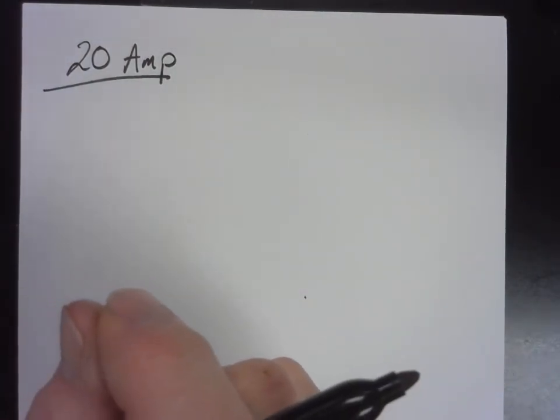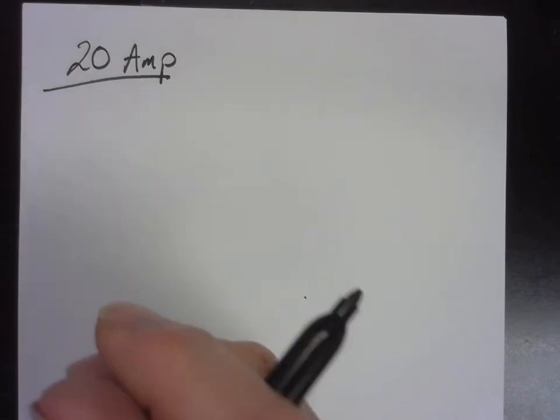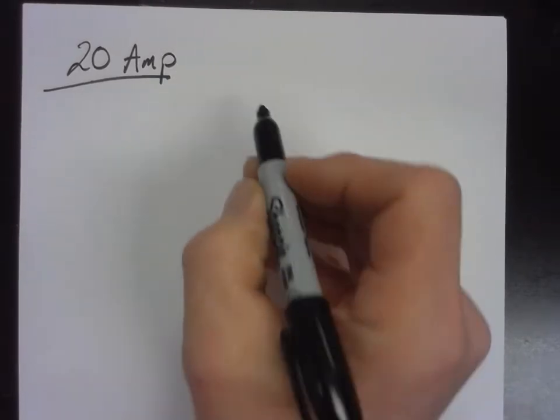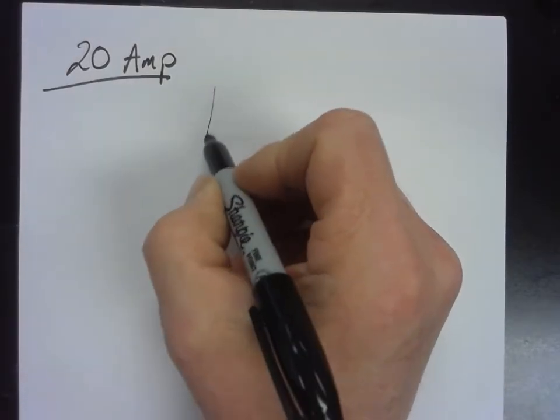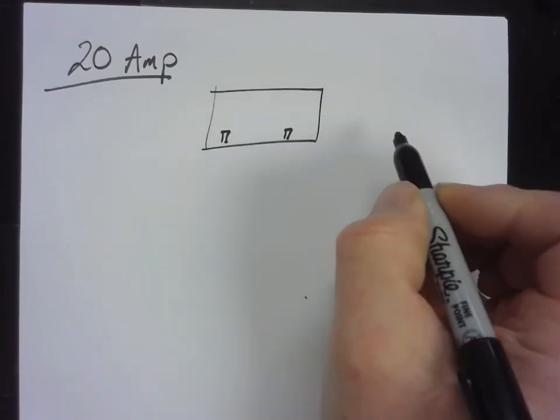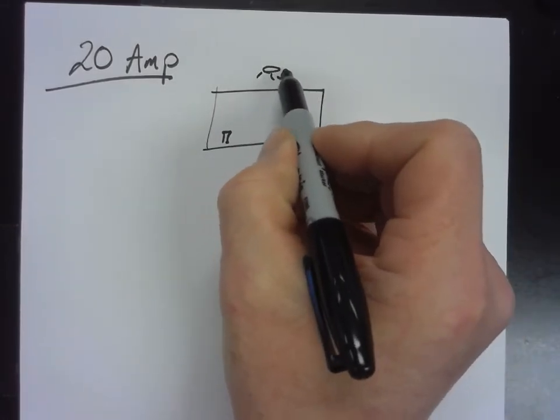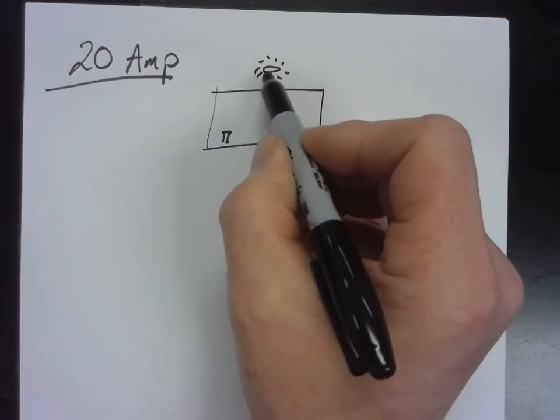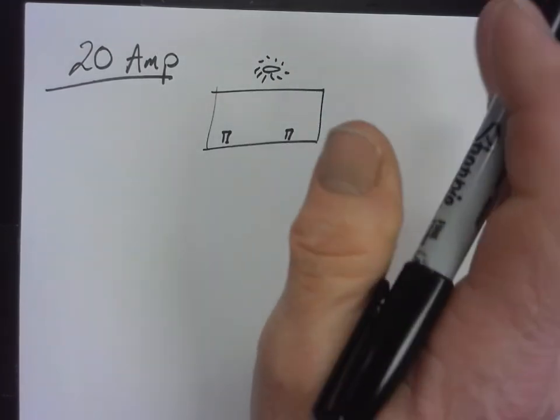Just think of amps as how much power you're drawing at a time, okay? So I have a room here, let's say, and we're putting plugs in, right? And we got to have a light up in the top of the room, don't we? How many plugs and lights and everything do we want to do?